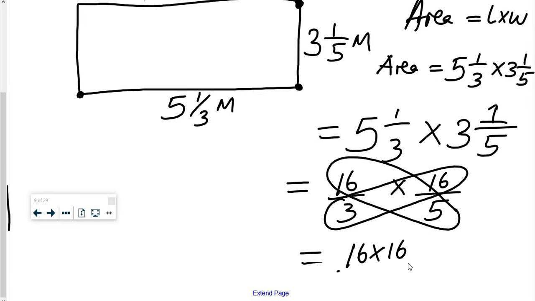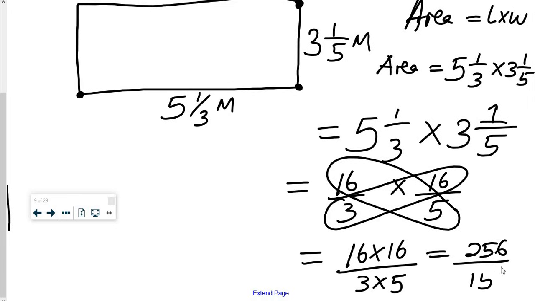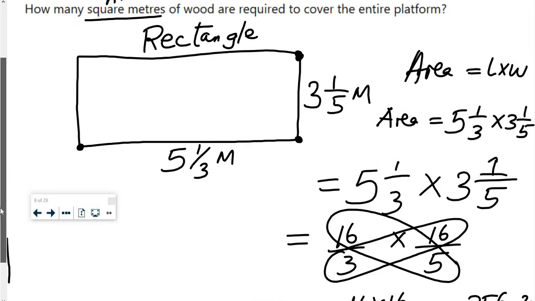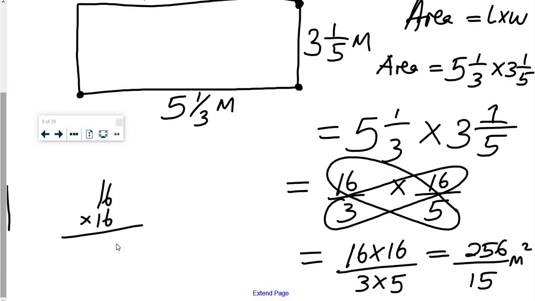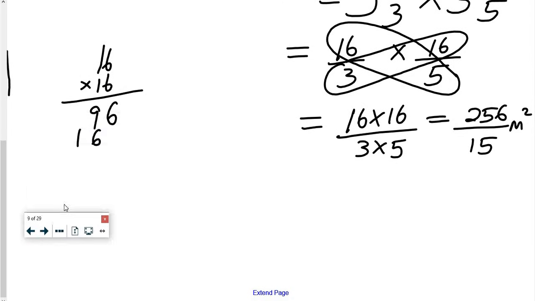16 into 16 over 3 into 5. Answer will be 256/15 meter square. So that is the area of this rectangle, 256 upon 15, and how did I get 256? Just do 16 into 16. 6 sixes are 36, that is 6 carry 3, 1 sixteen is 16, add the two numbers here.